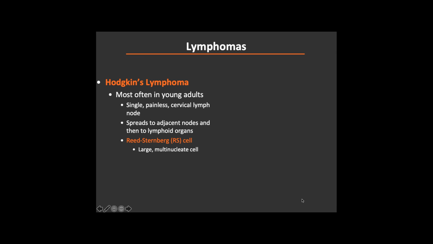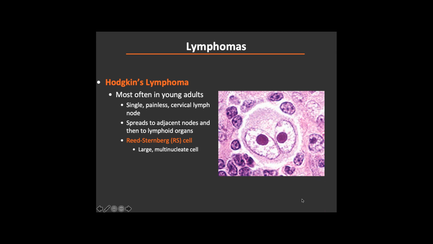These are large multinucleated cells that are found in the lymphoid tissue, and these are unique to Hodgkin's lymphoma. Now, what causes Hodgkin's lymphoma, whether it's genetic or maybe some people have suggested that Epstein-Barr virus infection could cause Hodgkin's lymphoma, not really sure.